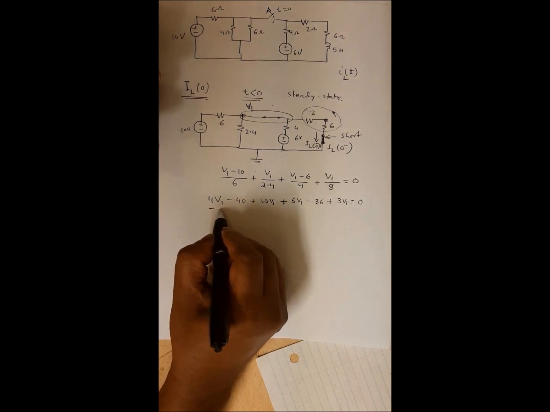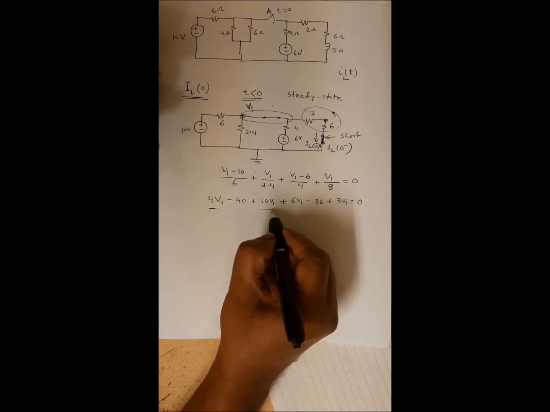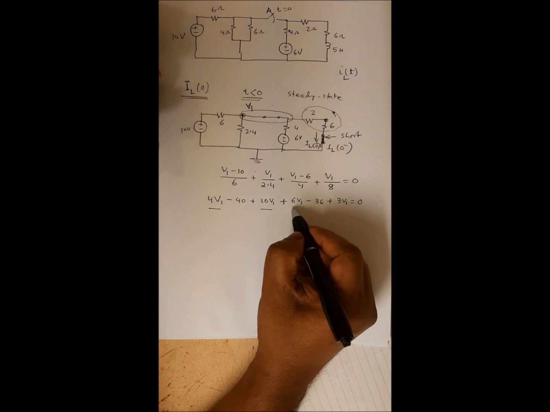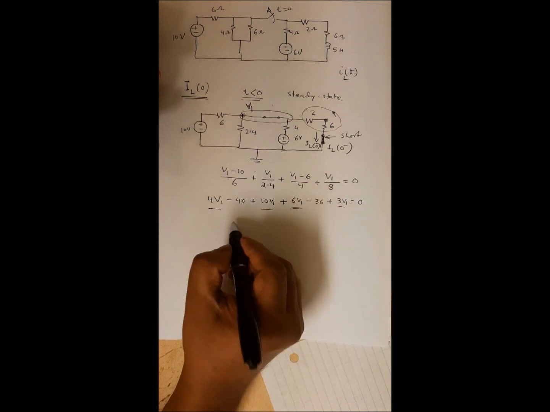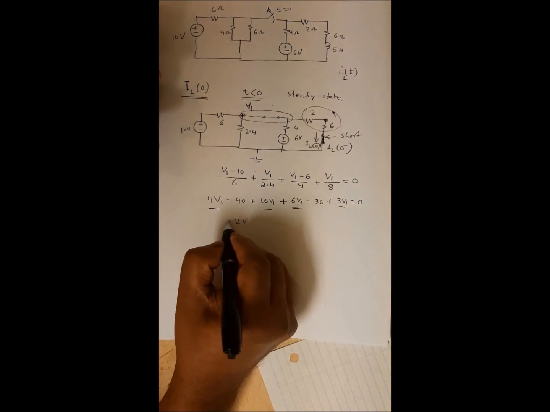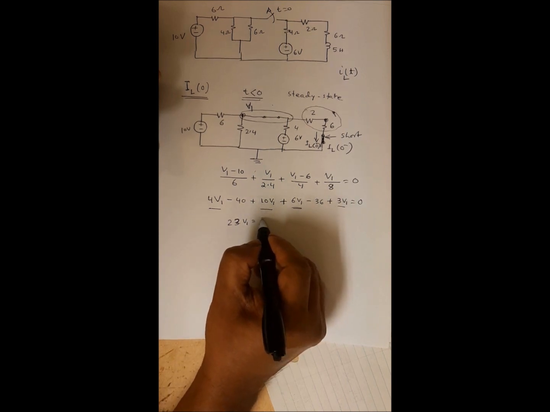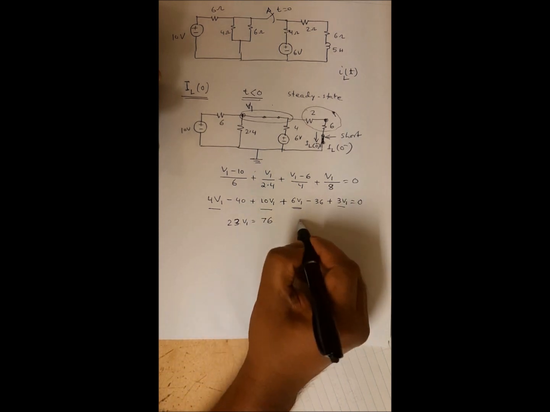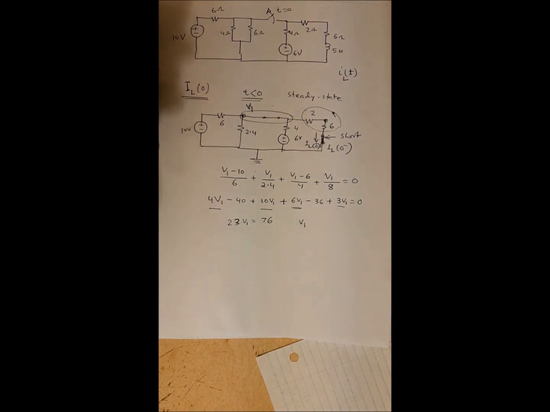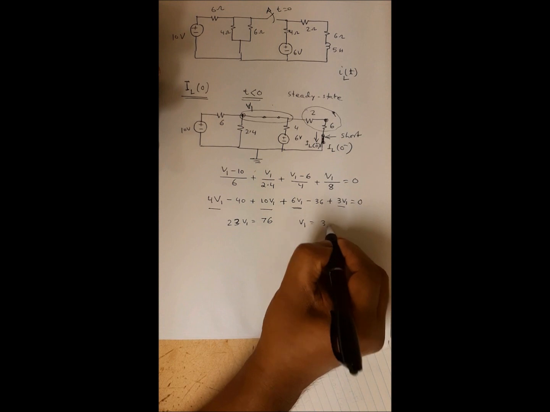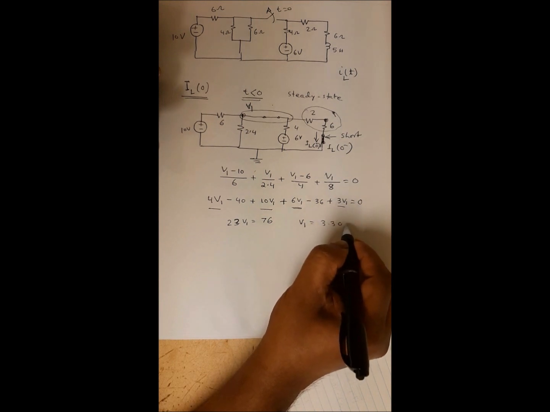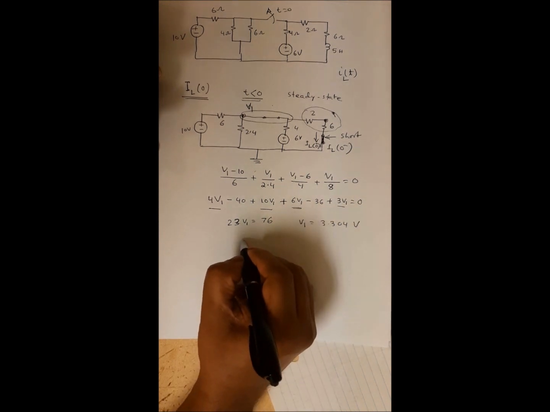So I got 4, 10, 14, 20, 23. 23 V1 equal to 76. The V1 equal to 3.304 volt.